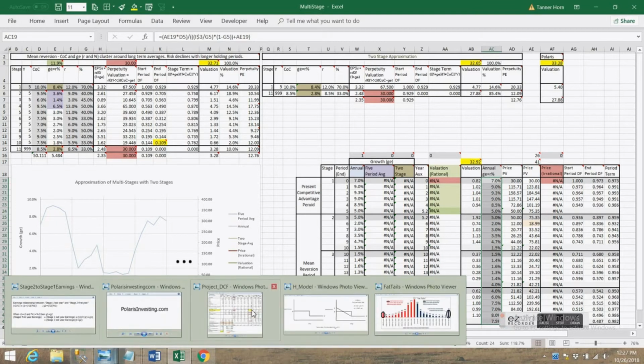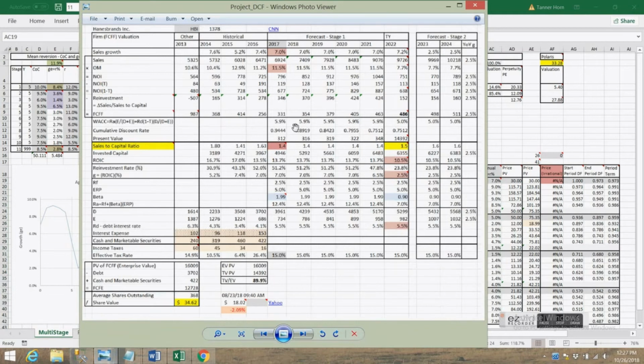I want to compare that to what analysts typically do. Analysts will, and I've shown this in other videos so I'm just going to go through it quickly, assume here in 2017 an analyst is doing a pro forma. What they usually do is pro forma income statements, and end up with some cash flow. In this case, it's free cash flow to the firm, but other line items could be included.